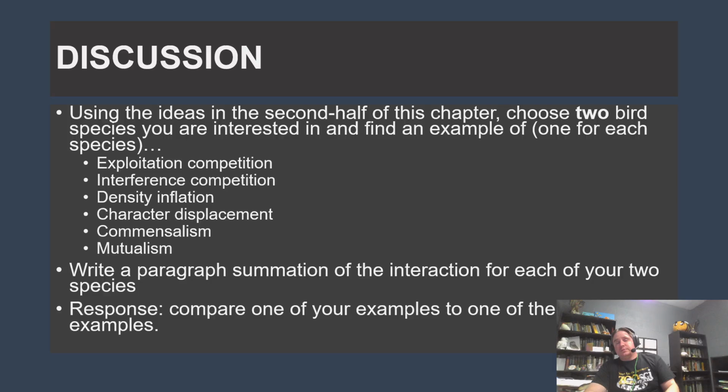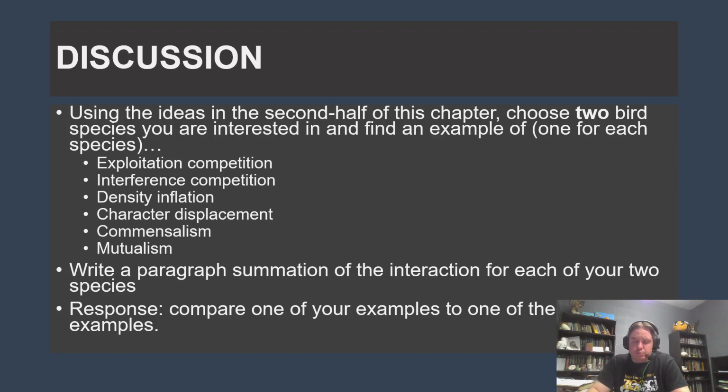But you find for each bird one example, and each bird should have a different example. So, for example, if bird A has exploitation competition, then bird B should not have exploitation competition as the example. It should have one of the other five things listed here.